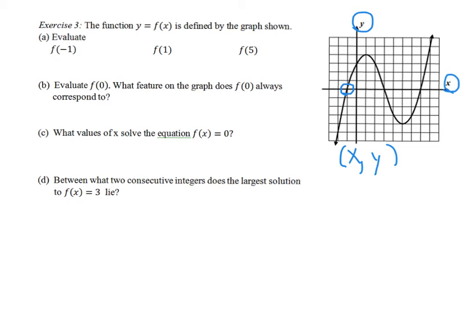If I write that as an ordered pair, then I see that my ordered pair is negative 1 comma 0. So if I'm asked for the function value at negative 1, I'm going to give as my answer the y-coordinate, the 0. So 0 is my output when my input is negative 1.